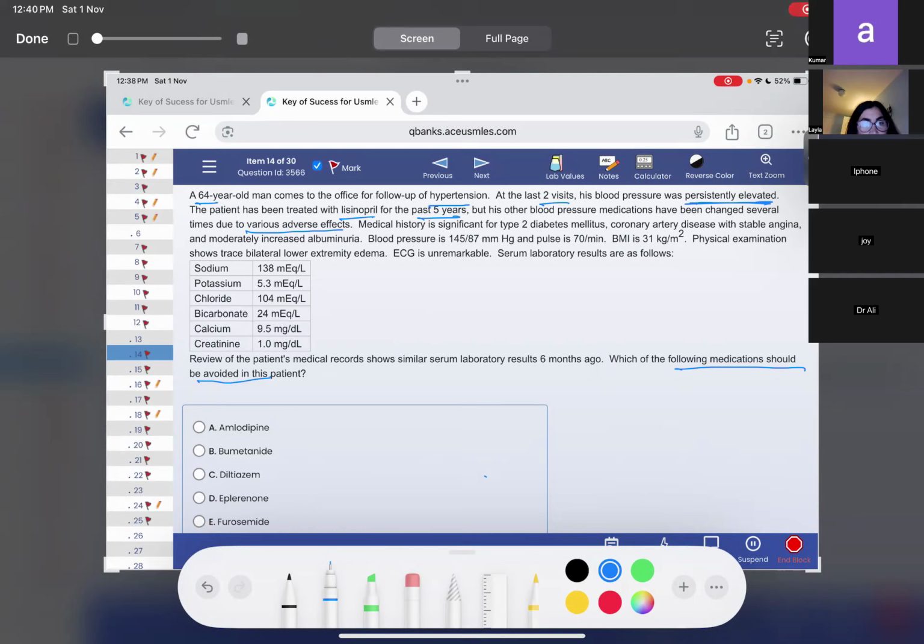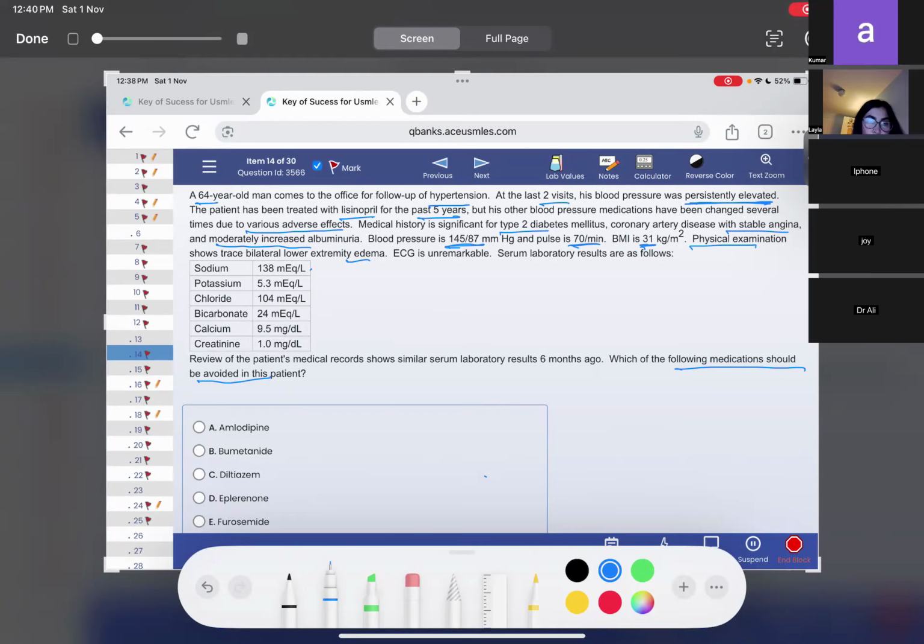Medical history is significant for type 2 diabetes mellitus and coronary artery disease with stable angina. Moderately increased albuminuria. Blood pressure is 145/87 and pulse is 70 per minute. BMI is 31, means the patient is obese, and the physical examination showed bilateral lower extremity edema. ECG is unremarkable. So let's discuss.